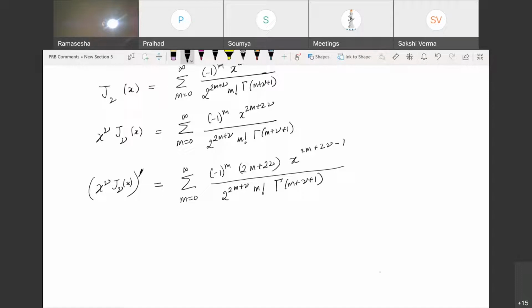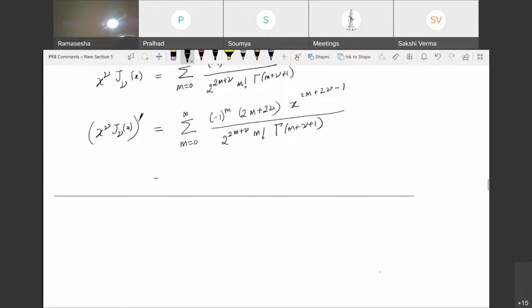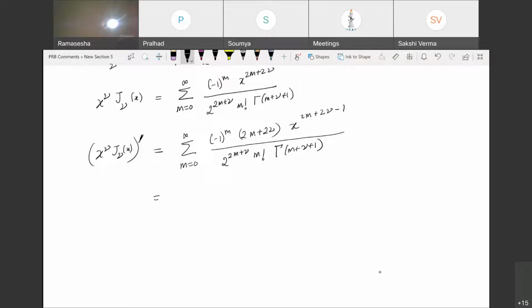And now I'll take out 2 x, sigma m, minus 1 to the power m, x to the power, divided by 2 to the power 2m plus nu. I'll take out, okay.